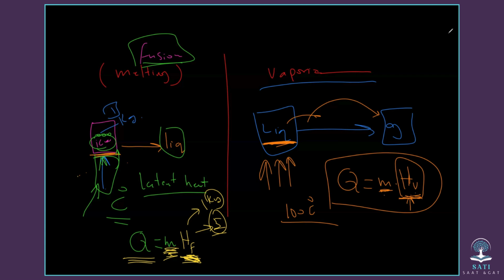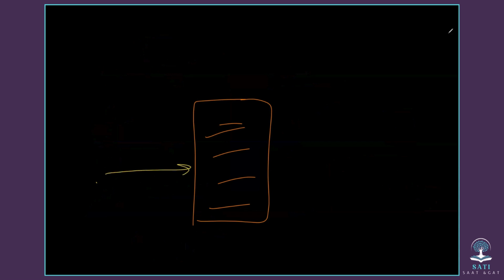We'll move now to the next point, which is the first law of thermodynamics. For example, now I have here an engine of a car or of any other vehicle or machine. To make this engine work, we always give it energy.